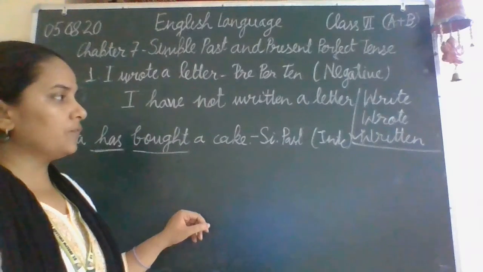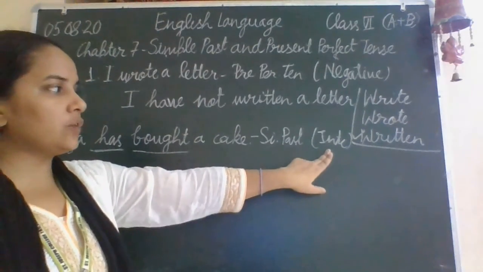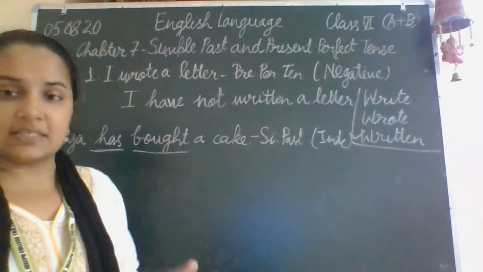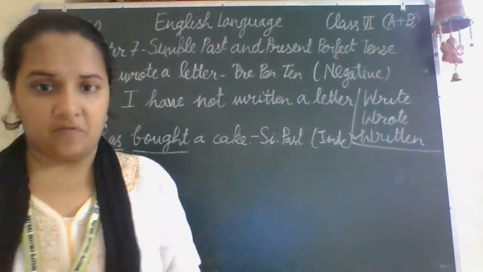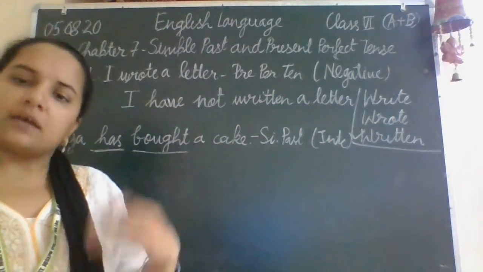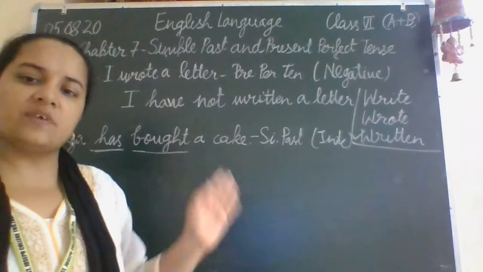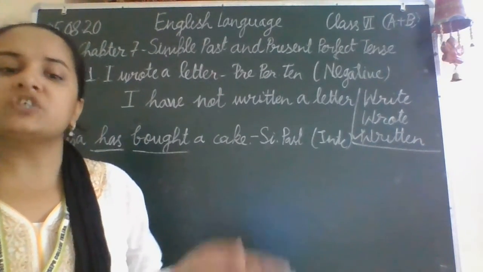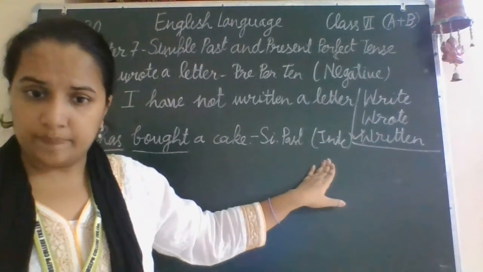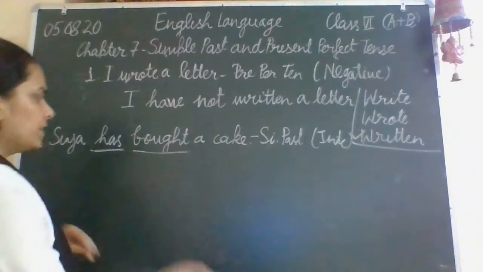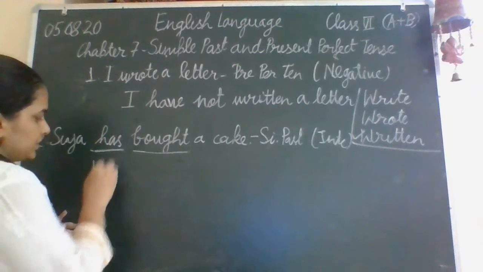So for that, what we have to do, if it is an interrogative sentence, either it will start with the question word or it will start with the helping verb. So we will take both the cases. First, we will start with the question word. For example, let's take the question word why.